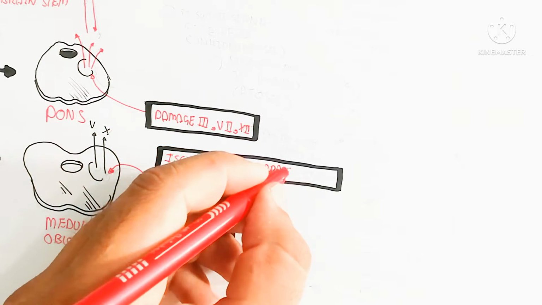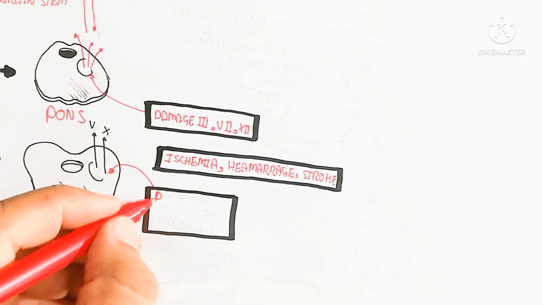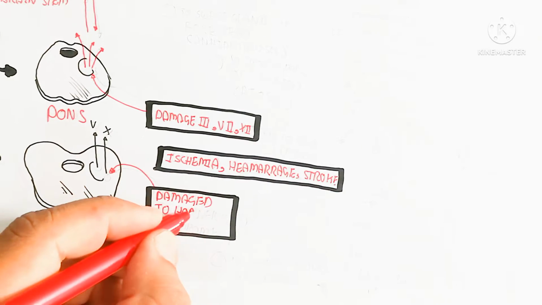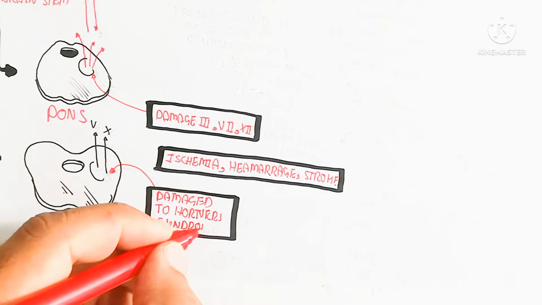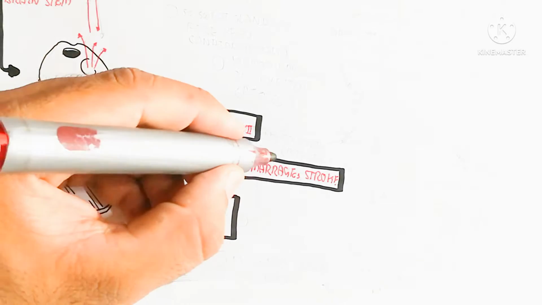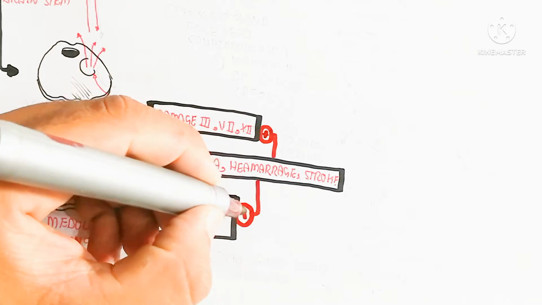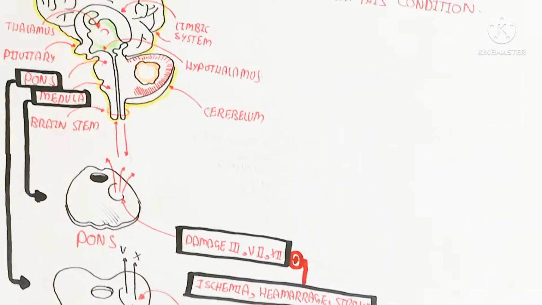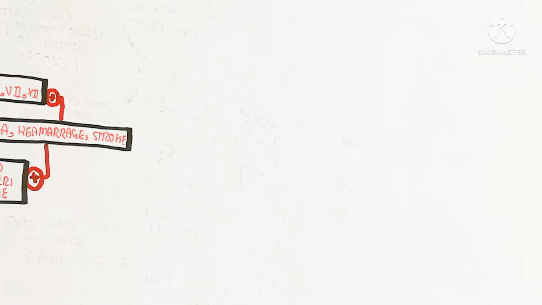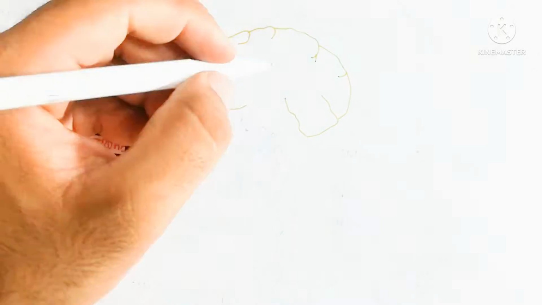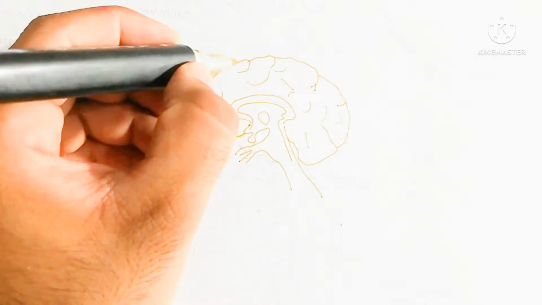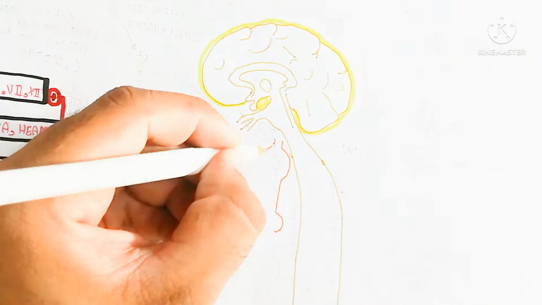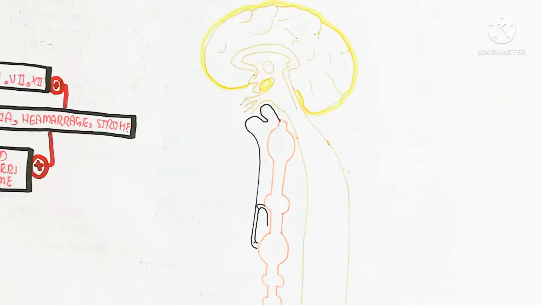Horner syndrome will arise when there is damage from ischemia, brain hemorrhage, stroke, thrombosis and atherosclerosis. When the nerves are damaged, these three types of symptoms arise, and we can say this is the characteristic of Horner syndrome. So let's begin to understand the bigger picture.